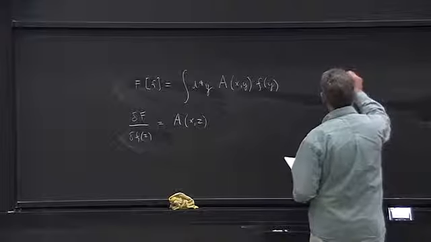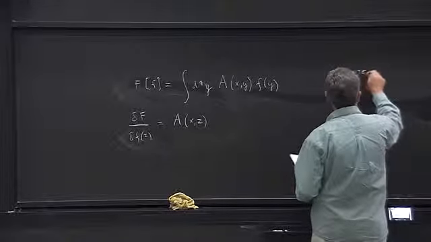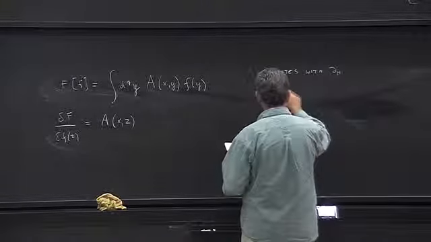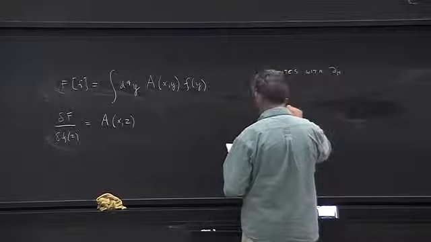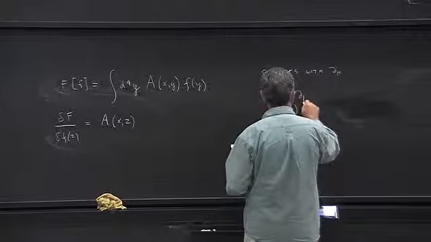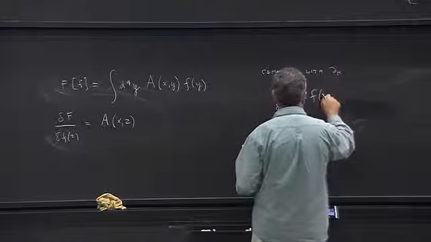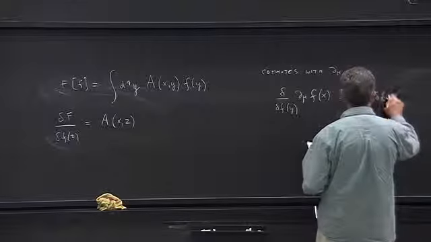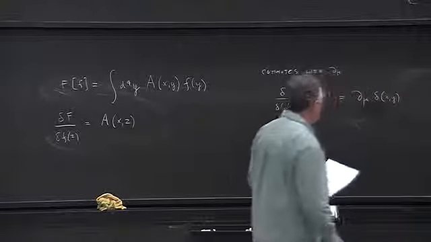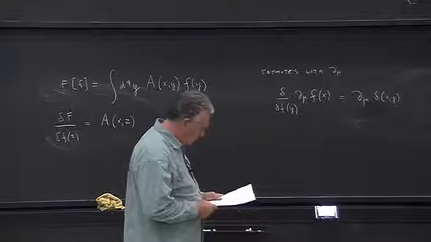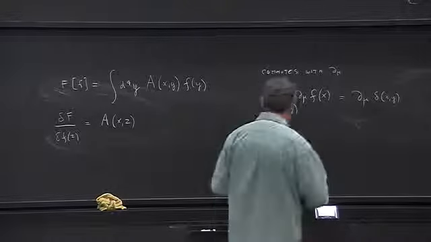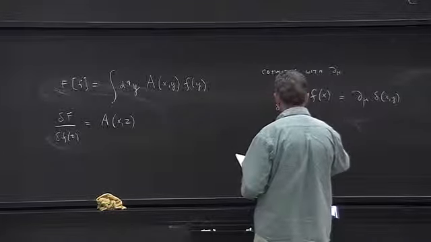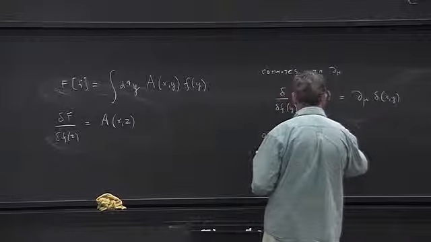It commutes with differentiation. So the functional derivative of a derivative is the derivative of the functional, so that is true. And other rules are the same as ordinary differentiation.